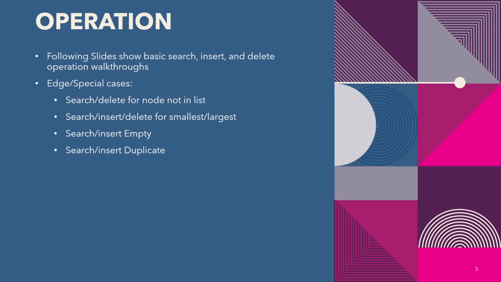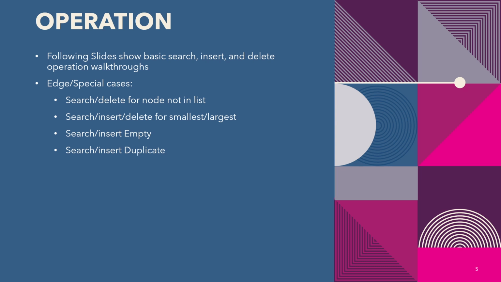Okay, so as far as operations go, in the next few slides, we're going to walk through a basic case of search and then insert and then delete. As far as special or edge cases go, here are a few listed. For search and delete, if you're looking for a node that is not in the list, that's going to be an edge case.